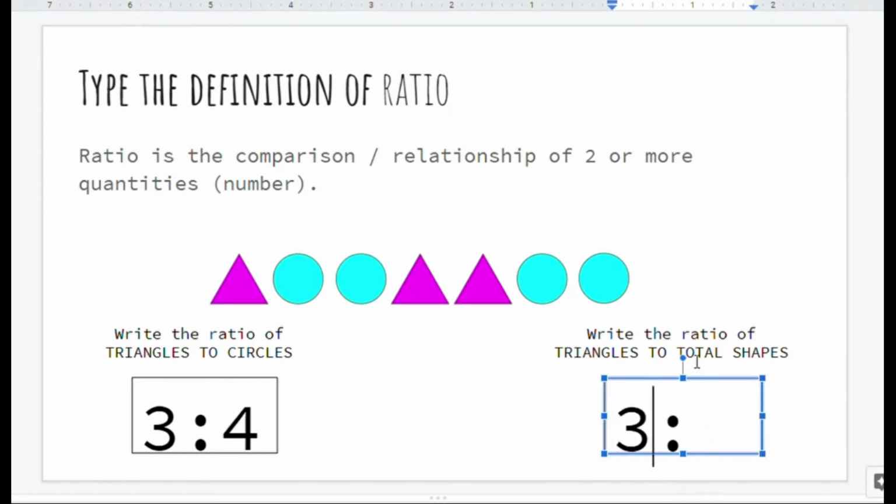And the second number is how many total shapes do I have in this diagram? Okay, 1, 2, 3, 4, 5, 6, 7. So my ratio of triangles to total shapes is 3 to 7.